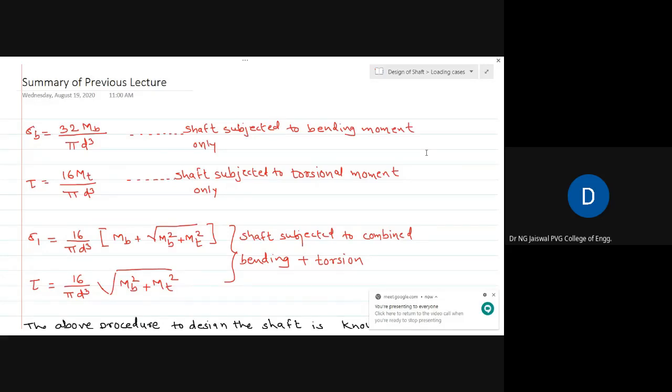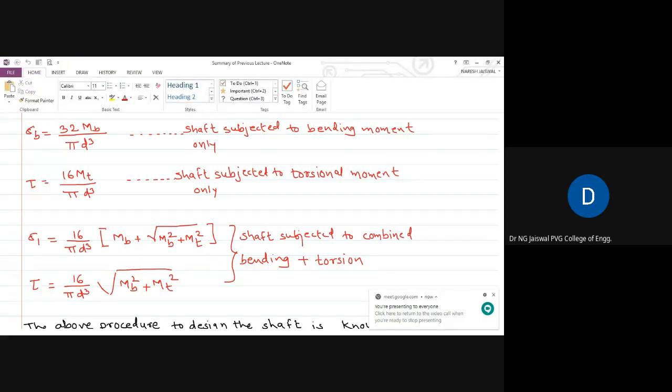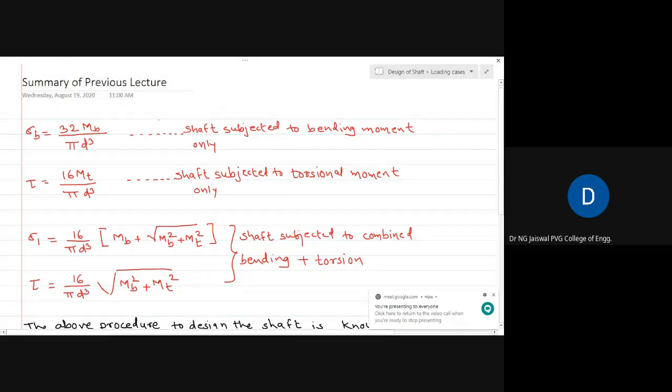Those were the equations which you require to design the shaft. So we have seen different cases. This is one case: shaft subjected to bending moment only.